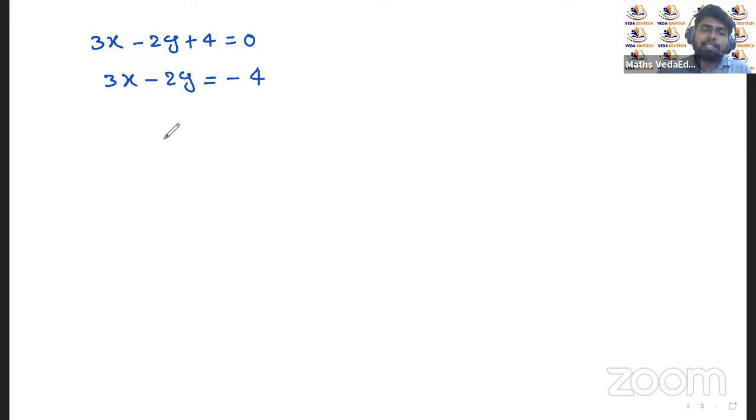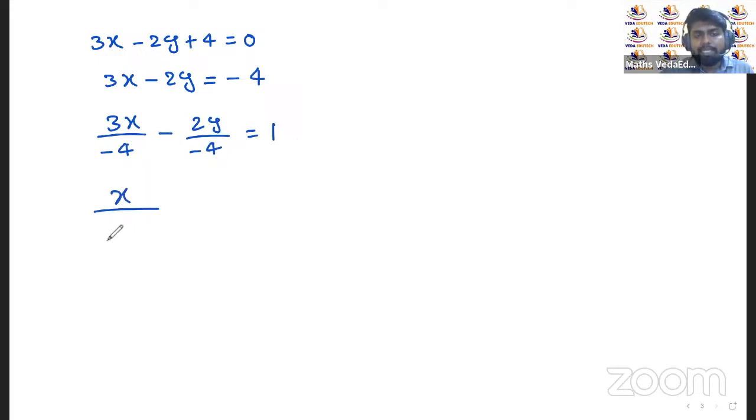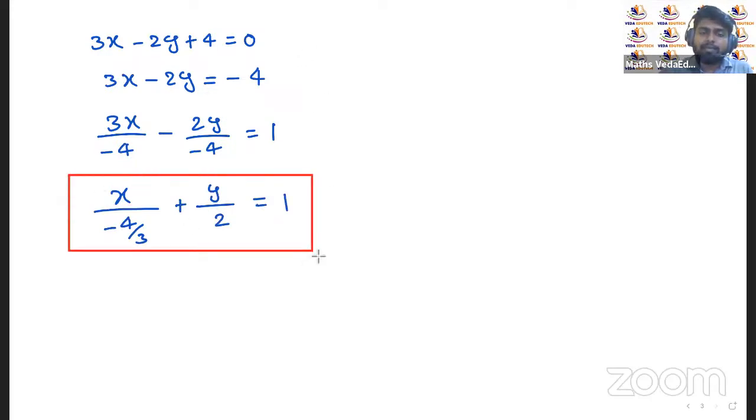Divide the whole equation by minus 4, so we get 3x upon minus 4 minus 2y upon minus 4 equal to 1. Further simplification gives x upon minus 4 by 3 plus y upon 2 equal to 1. This is the equation of the line in intercept form. So the x-intercept is minus 4 by 3 and the y-intercept is 2.